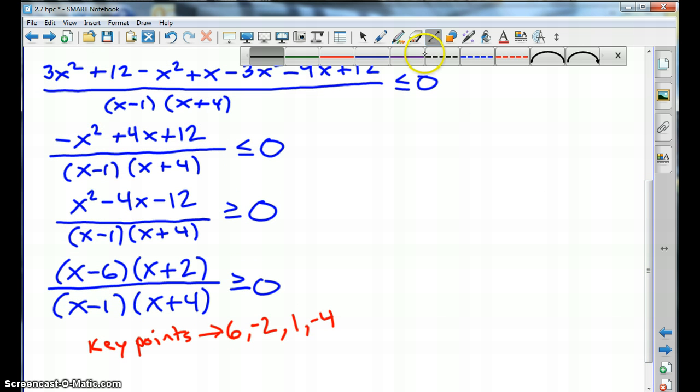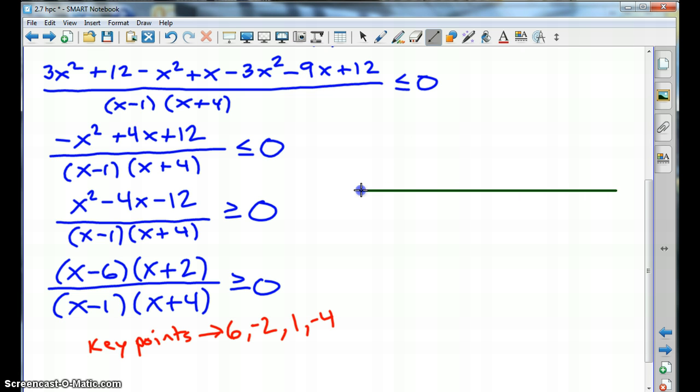So we're going to sketch a little number line. And we'll put these points on there. This doesn't have to be spaced evenly.